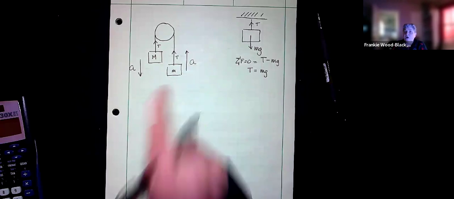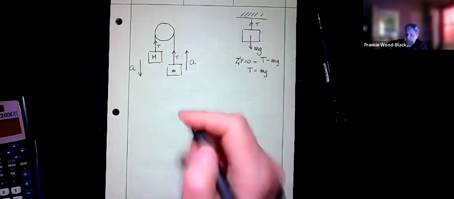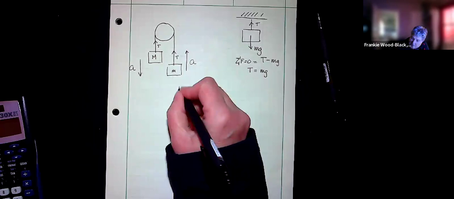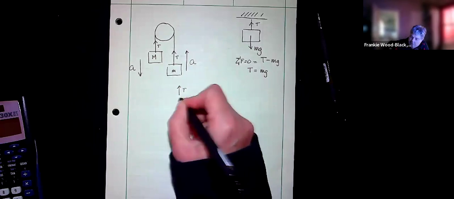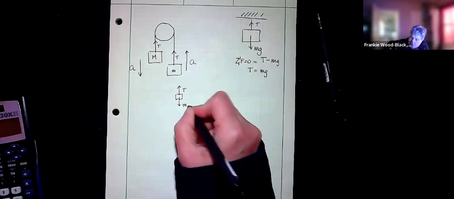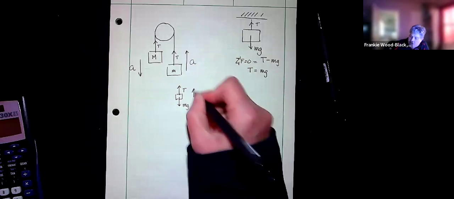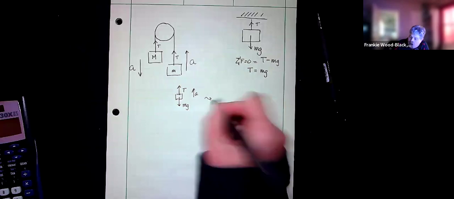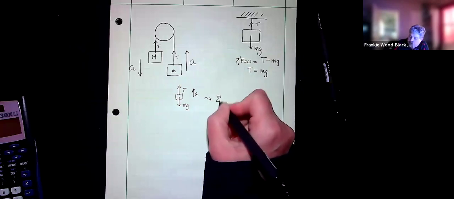So I'm going to draw a force diagram for this side. My force diagram for this side is I have my tension in my rope, I have the weight of my object, and I have my acceleration. And I can write a force equation for this.